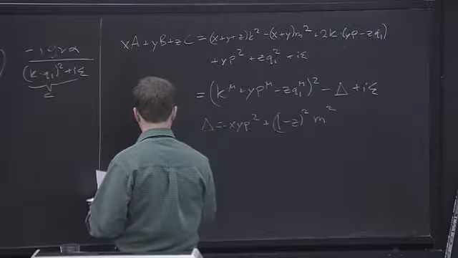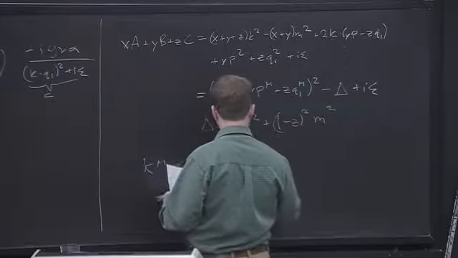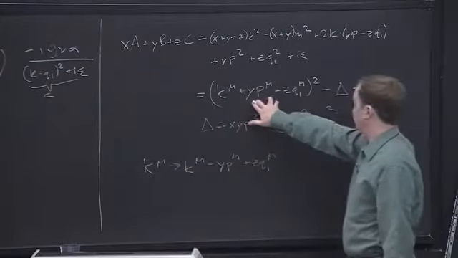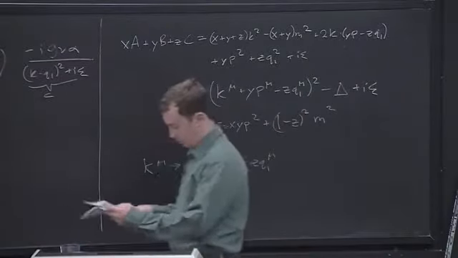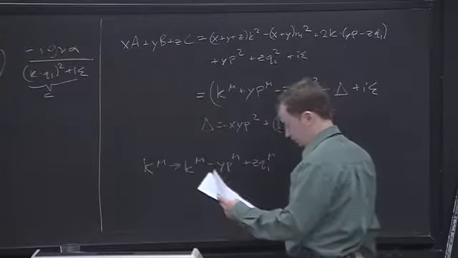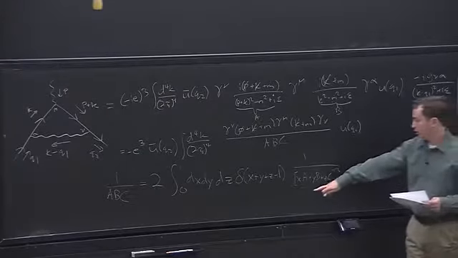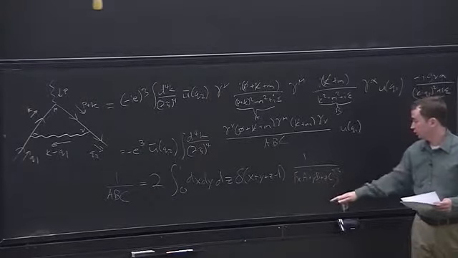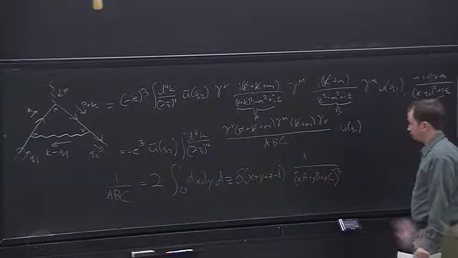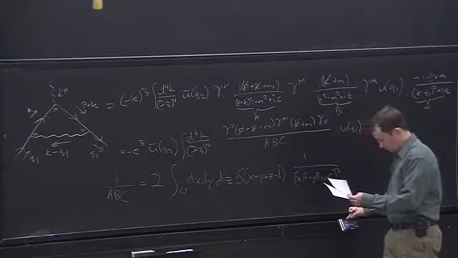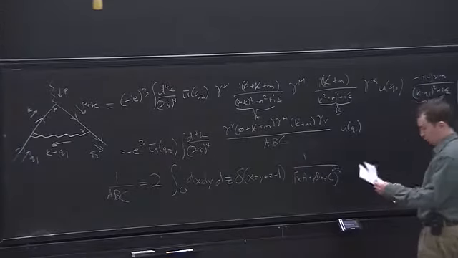If we shift k^μ to k^μ minus y p^μ plus z q1^μ, this shift eliminates these terms. It doesn't change the measure; the measure is invariant under this shift. Then we can use the techniques we learned about yesterday, dimensional regularization, basically, although we'll see some of the terms are actually finite, to compute the k integral. We'll come back to that in a minute.